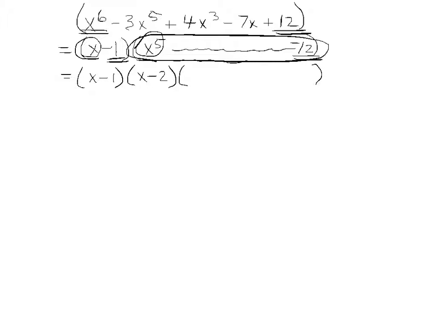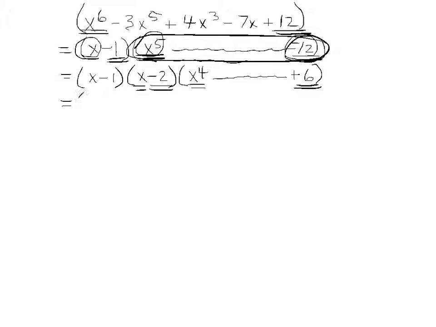Then the other factor would have to be an x to the 4th with some other terms, and it would have to end in what? And hopefully you are thinking positive 6, because positive 6 and negative 2 would multiply to this negative 12. The x and the x to the 4th would multiply to the x to the 5th.